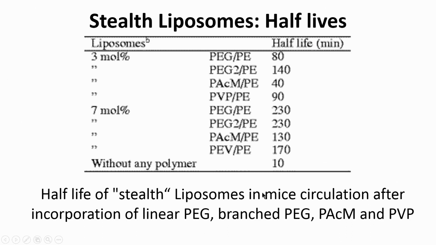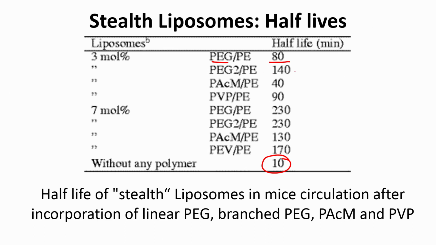So here is just some more examples. So these are some of the liposomal formulations that were used. So if you used 3% PEG or 7% PEG, what you find is the half life is greatly increased. It is about 80 minutes, without the polymer it is only about 10 minutes. With the polymer for that certain liposome it increased to 80 minutes.